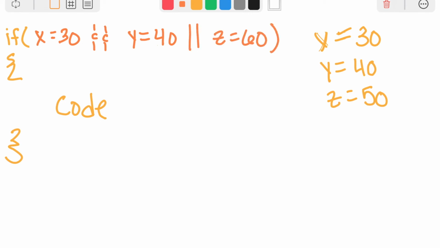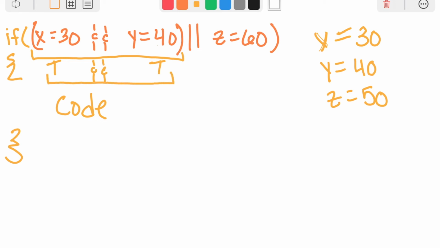So now how are we going to do this? Well, we have to add parentheses. So when we have parentheses, we would first do this equation. So x equals 30 is true, and y equals 40 is true. So this would come out to be true and true, since they're both true, to be true.